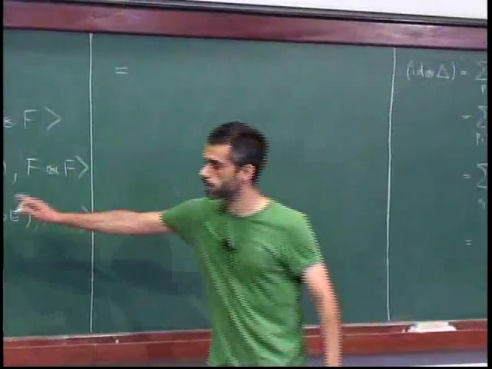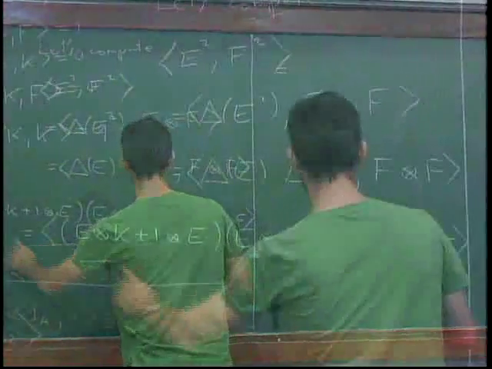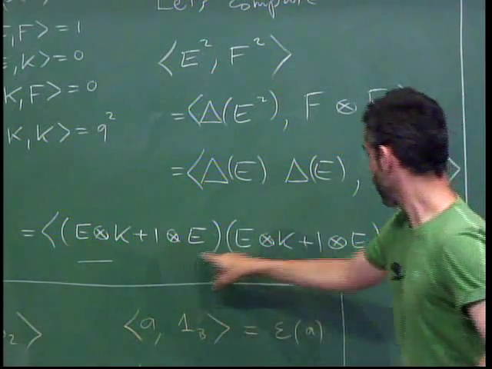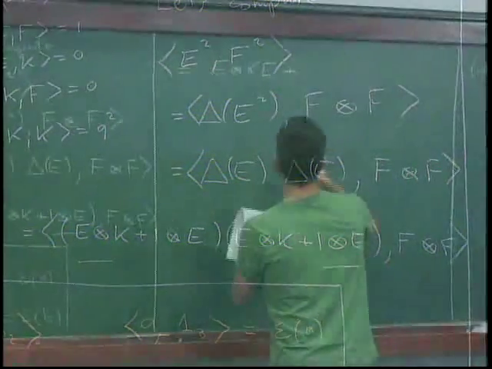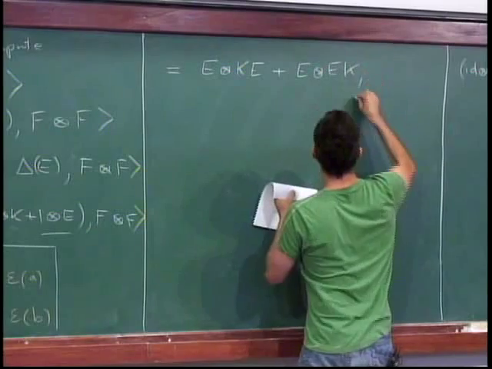I'm going to pretend that I've already checked that this is 0. So what I'm going to write down is this times that, which produces E tensor KE, and then that times that, which produces E tensor EK.